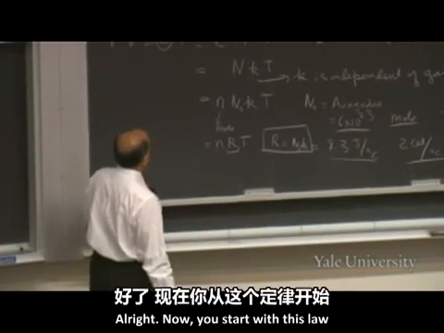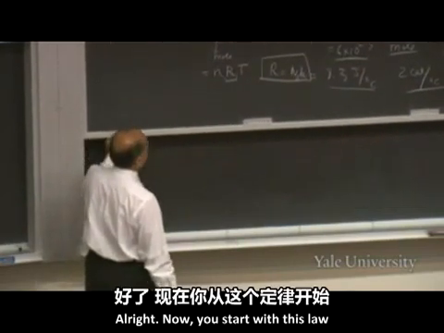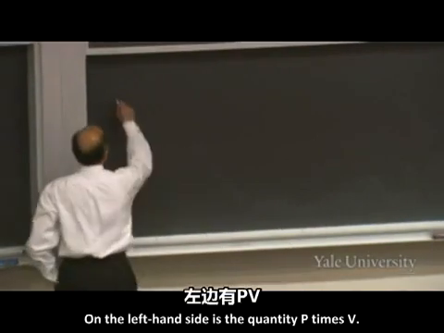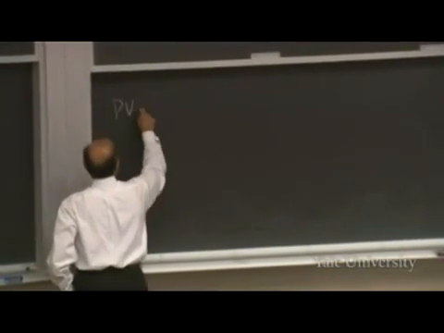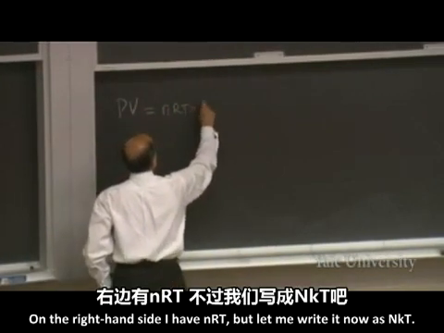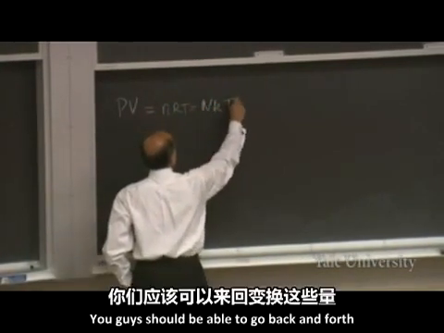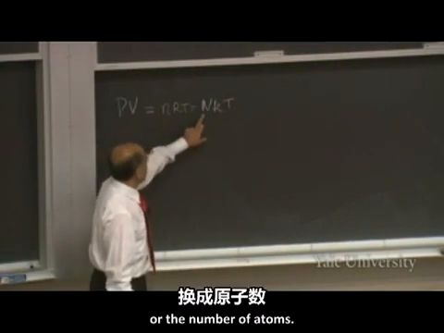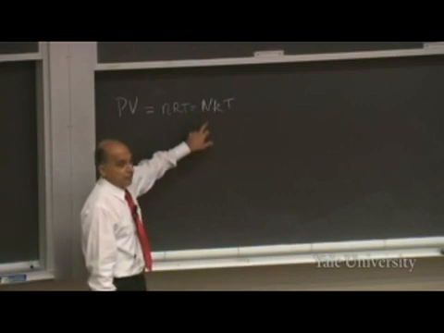All right. Now, you start with this law, and you ask the following question. On the left-hand side is the quantity P times V. On the right-hand side, I have nRT, but let me write it now as nKT. You should be able to go back and forth between writing in terms of number of moles or the number of atoms.